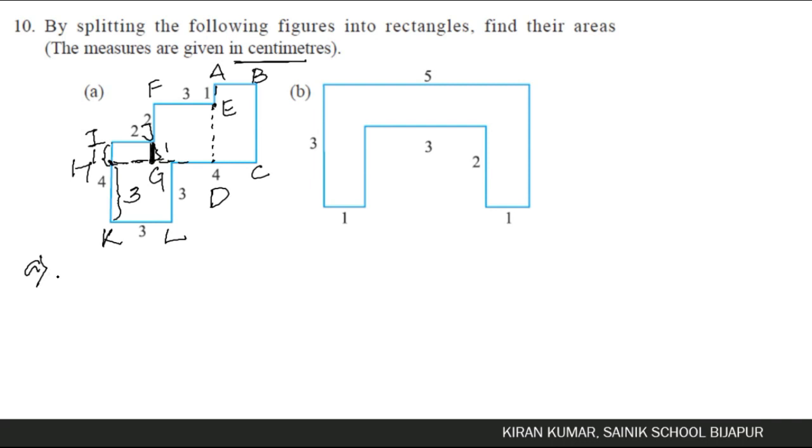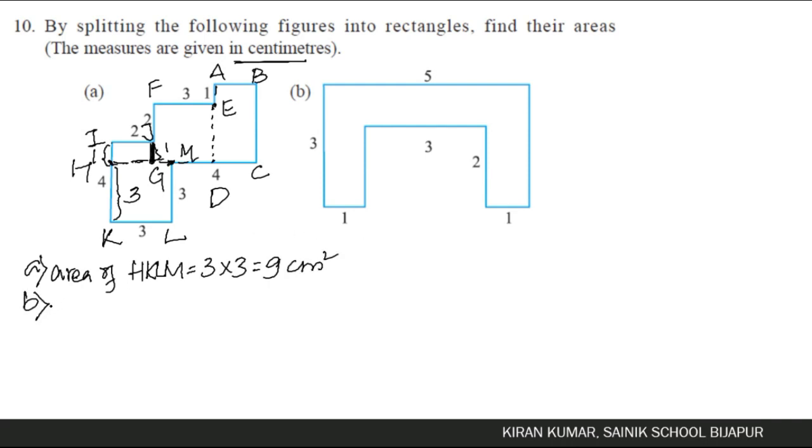For the first one, I am finding the area of H K L M. H K L, let this point be M. H K L M is like a square, so 3 times 3, 9 centimeters square.